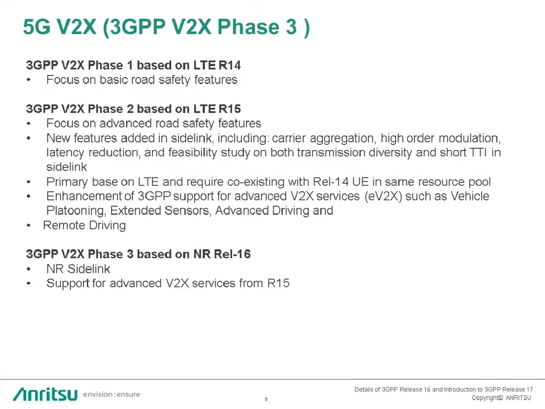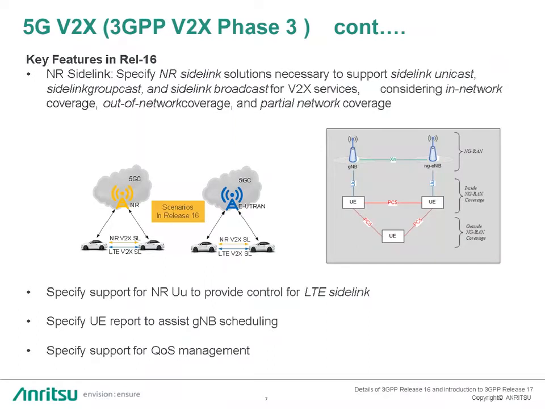It can be supported by using the NR gNodeB or E-UTRAN eNodeB. As we see in the picture there, we can see that both 5G core with NR gNodeB and 5G core with E-UTRAN eNodeB is supported for both NR V2X side link and LTE V2X side link.